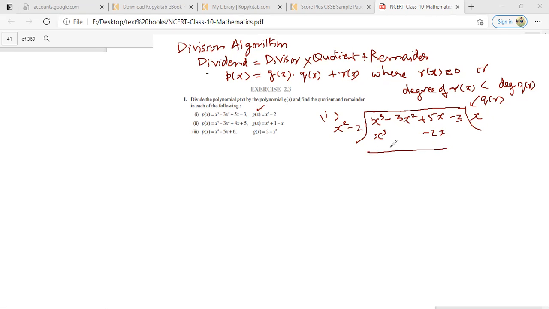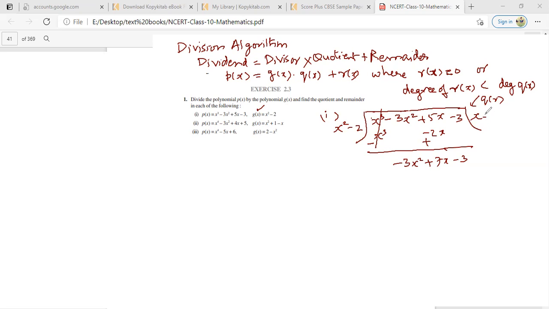Okay, and then similarly we have to change the signs always, minus plus, and this will cancel. We get minus 3x square plus 5x plus 2x. So this will become 7x and minus 3 as it is. Now we have to bring minus 3x square. After dividing the first stage, every stage you should check.